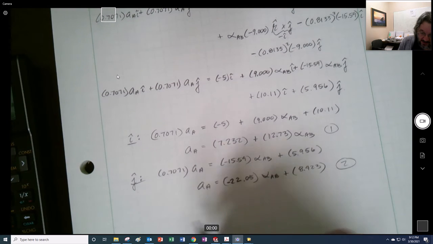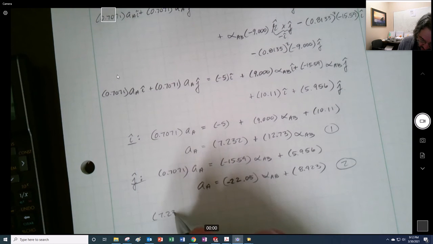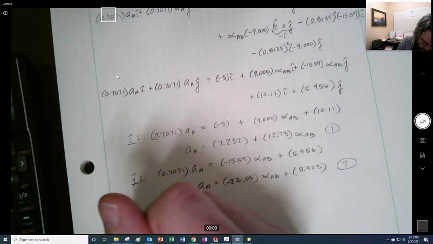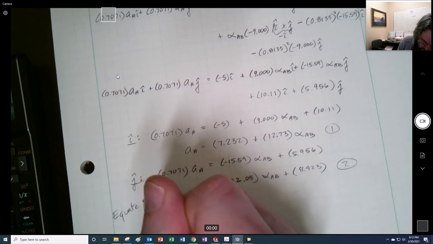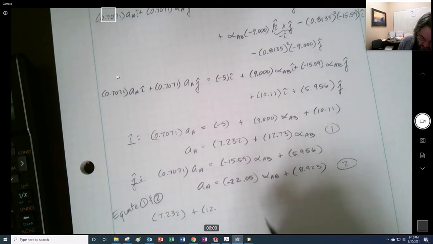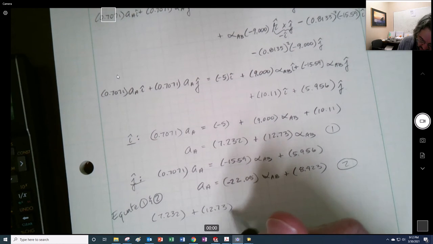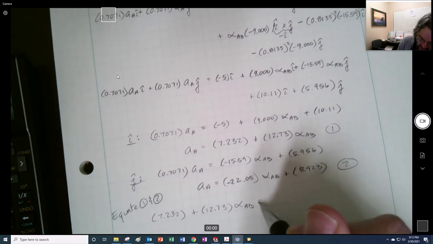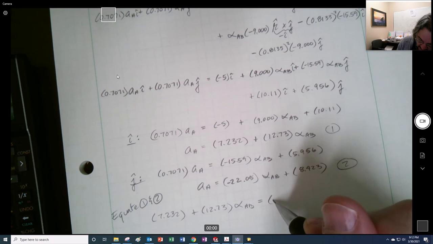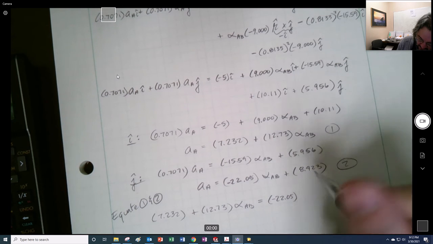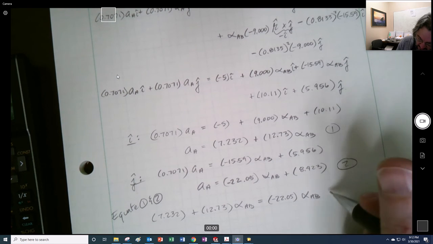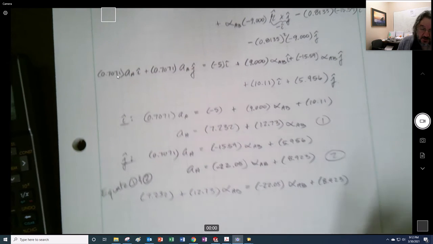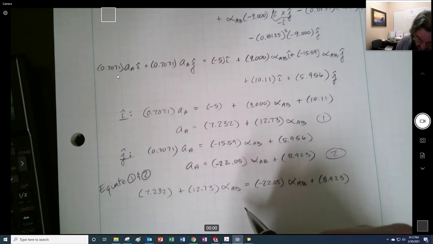We can set these equal to each other. So I'll equate 1 and 2 right there: 7.232 plus 12.73 alpha AB is going to equal negative 22.05 alpha AB plus 8.423. Okay, and I hope I didn't make any stupid mistakes.